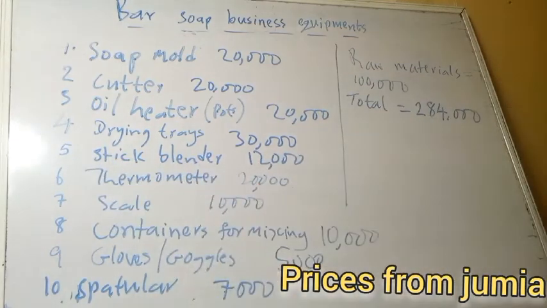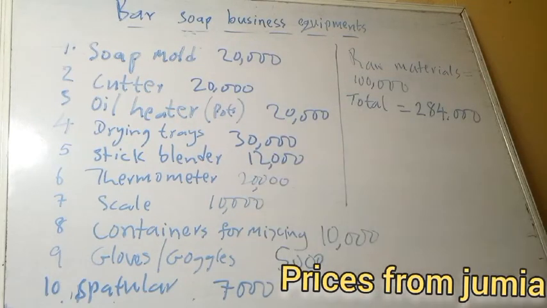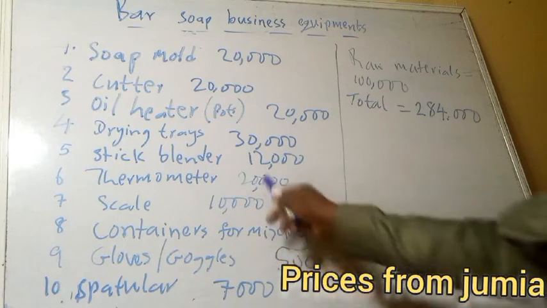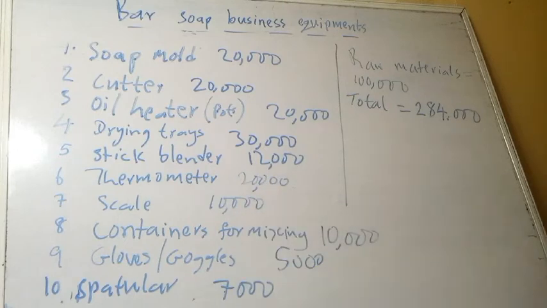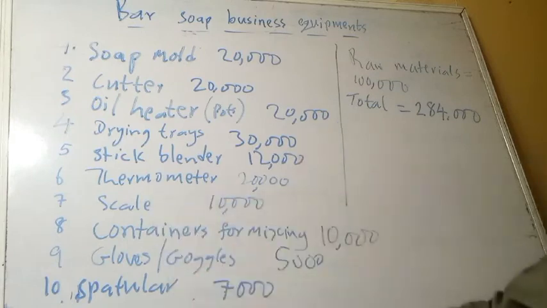And then we need stick blender that will really blend and mix the soap very well. So let's budget 12,000 naira. The thermometer for measurement of the temperature of our mixture is 20,000 naira. We will always measure the quantity, so we need a scale which will give us 10,000 naira.